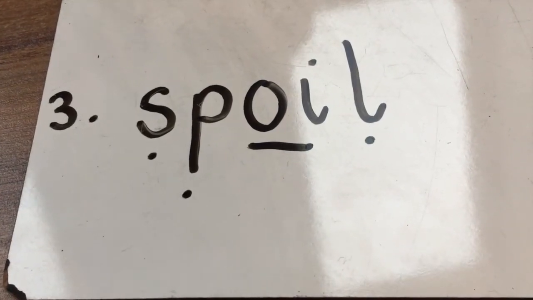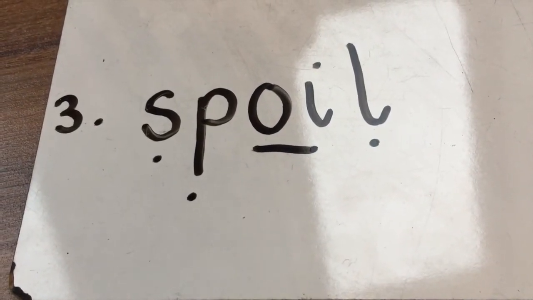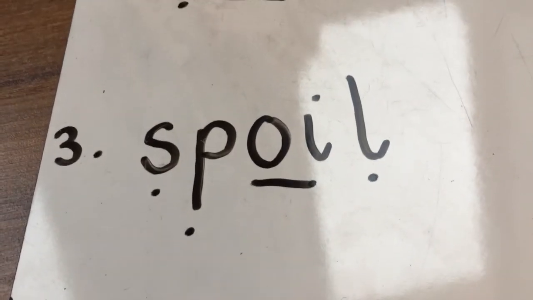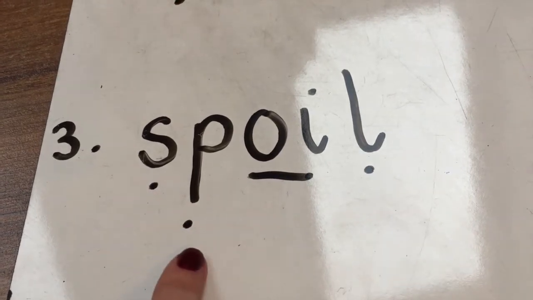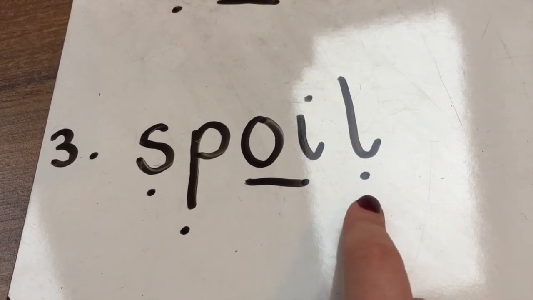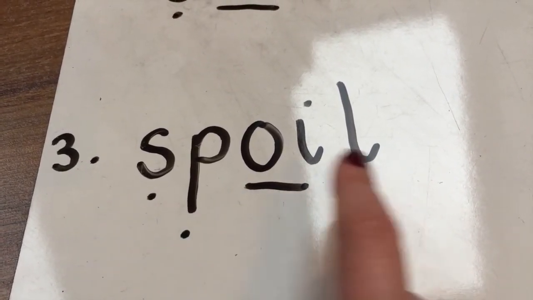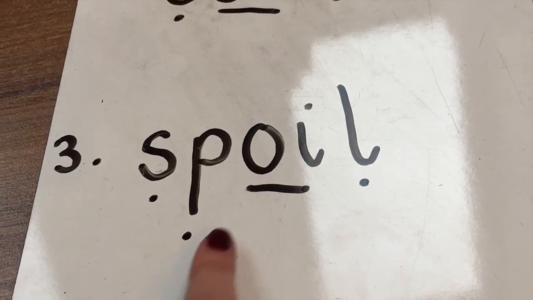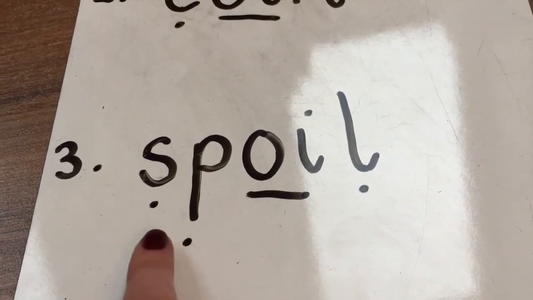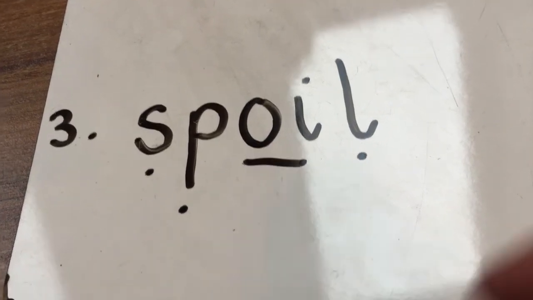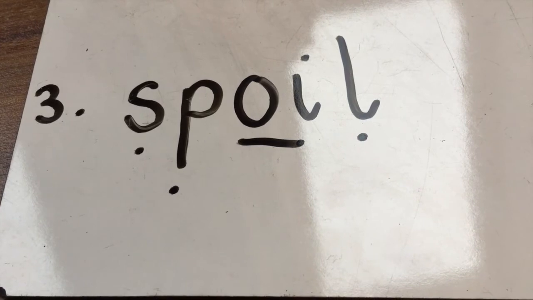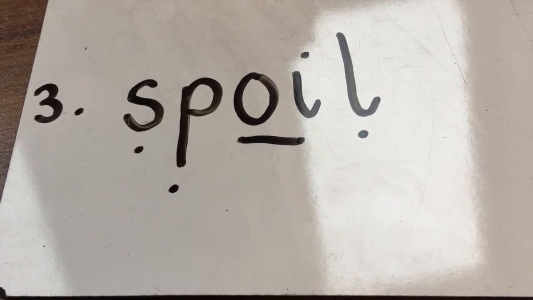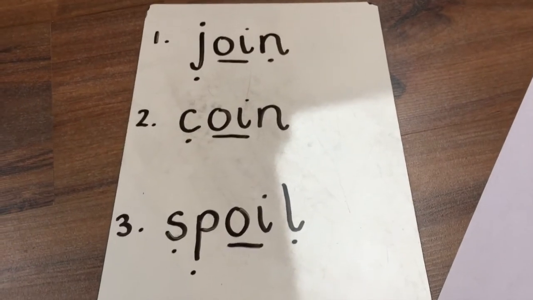And the last word that you had to spell was the word spoil, as in spoil the boy. So you should have put s, p, oi, l, spoil. Okay, so give yourself a tick if you got that correct, and just amend any mistakes for me, please. And there are all of the 3 words together.